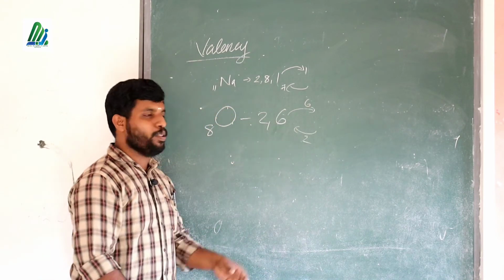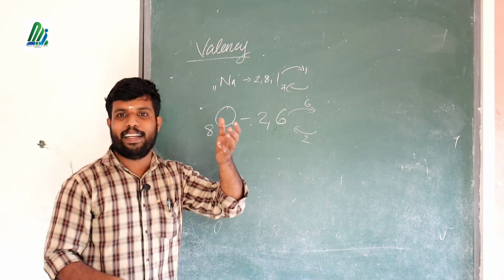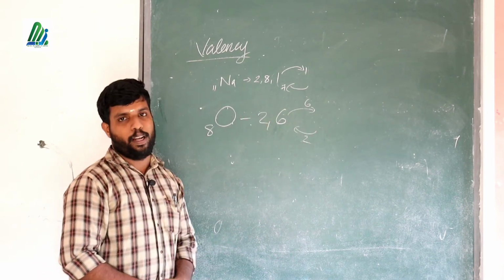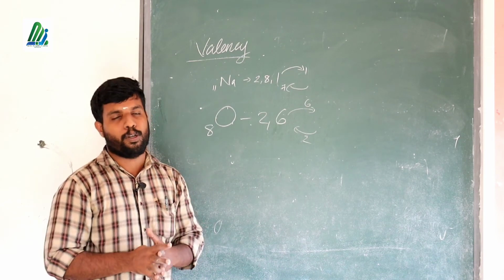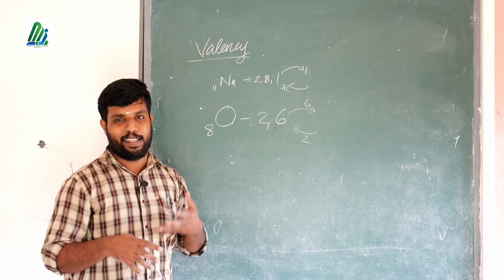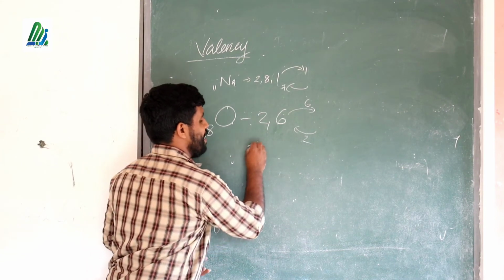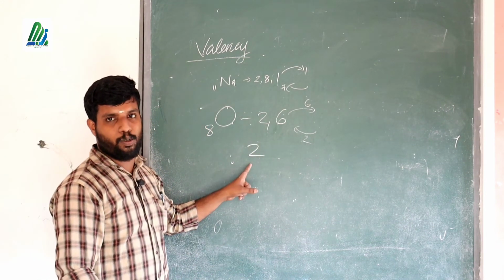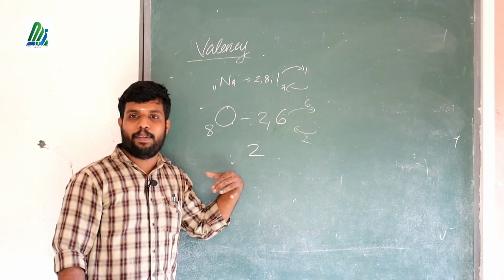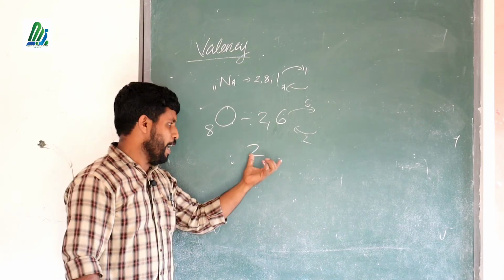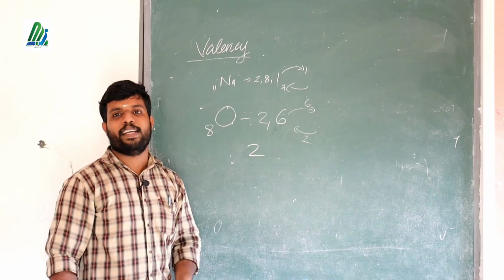The atom will always do what needs less energy. So it will accept 2 electrons, or share 2 pairs of electrons. That's why its valency is 2. Valency is not 6, it is 2. Here it accepts 2 electrons, so its valency is 2.